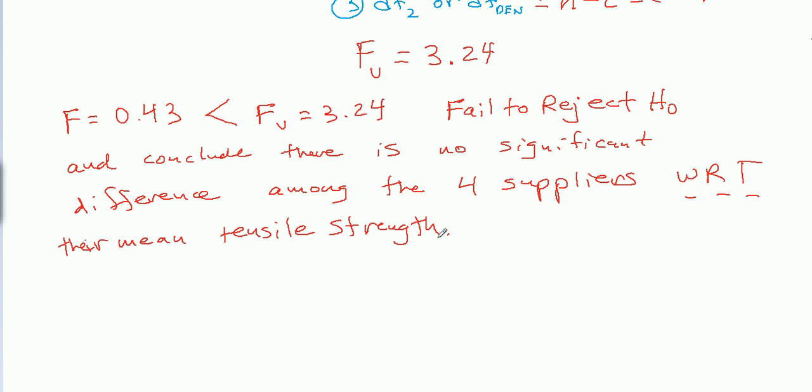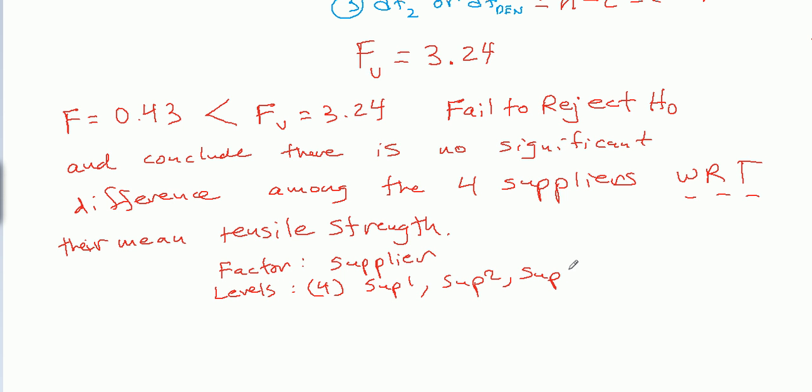Okay? We can't conclude that there is a difference. All right? So remember, in this example, the factor was the supplier. The levels of the factor, there were 4: supplier 1, supplier 2, supplier 3, supplier 4.